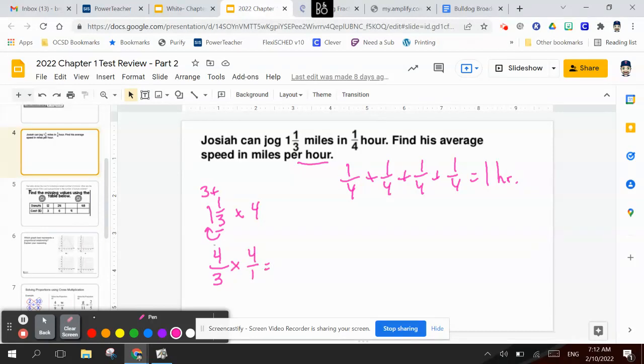When you multiply straight across, 4 times 4 is 16. 3 times 1 is 3. I put that improper fraction into a mixed number. 16 divided by 3. 3 goes into 16 5 times with 1/3 left over. So in 1 hour, he can go 5 1/3 miles.